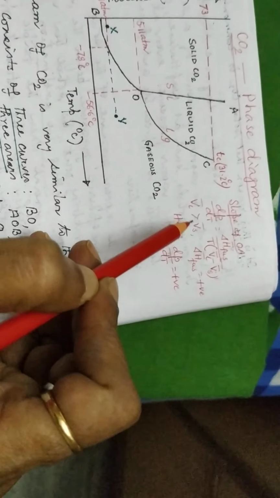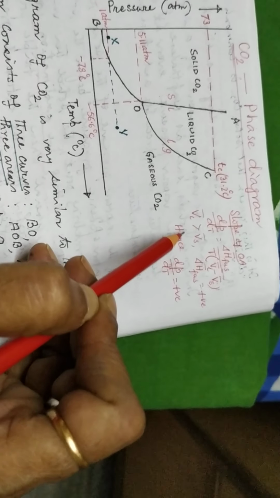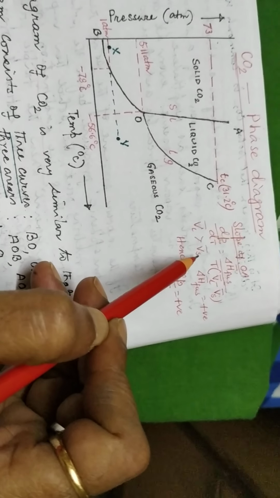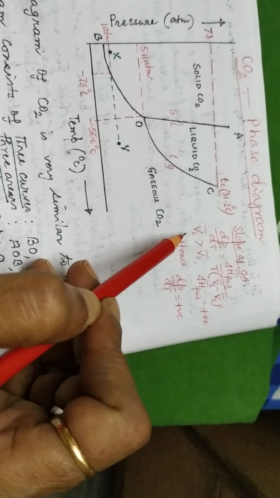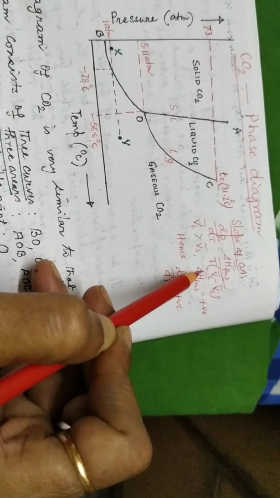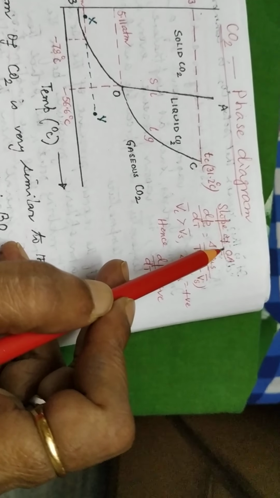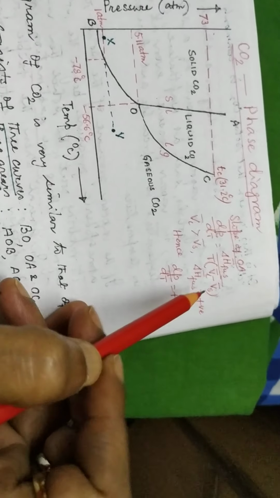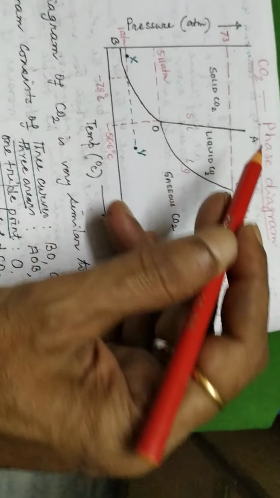Now, V̄L is greater than V̄s here. In case of water, the reverse was the case. The V̄s was greater than V̄L. So, this is positive. And ΔH̄ fusion is also positive. So, dP/dT is positive. Hence, OA has a positive slope.